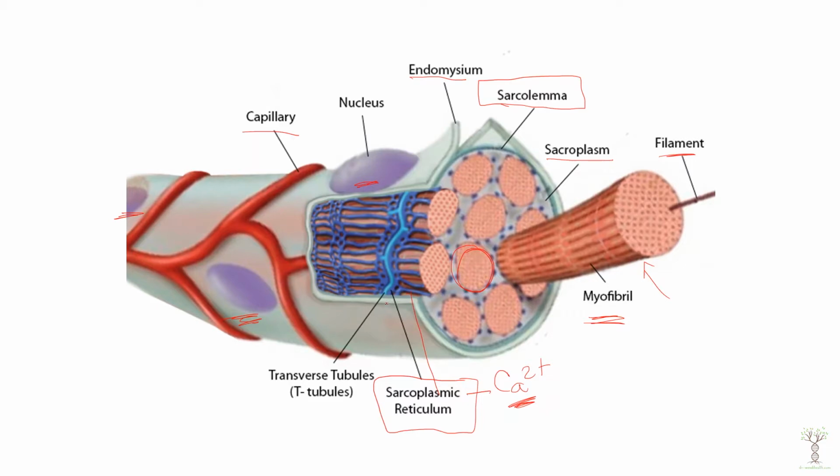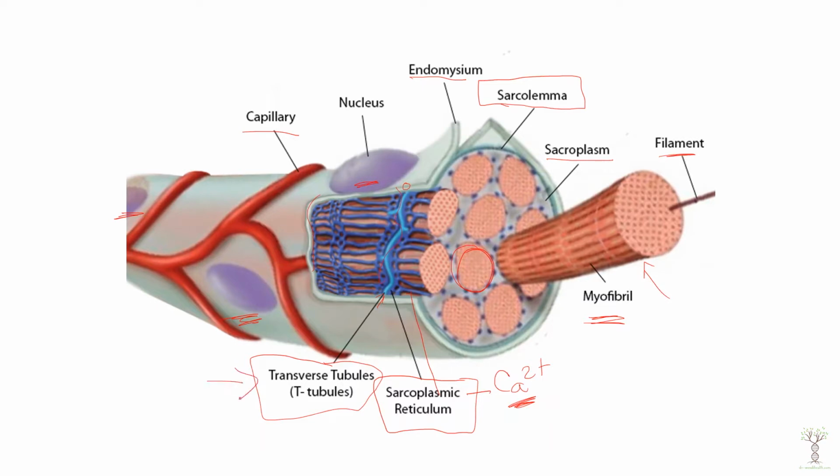The other thing I want to point out is this light blue tube here. That is called a transverse tubule. There are transverse tubules all throughout the muscle cell, and they actually open up to the surface of the plasma membrane. This is an invagination of the plasma membrane.